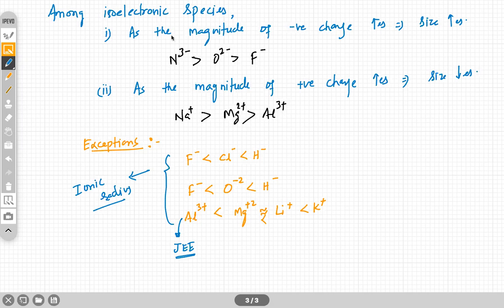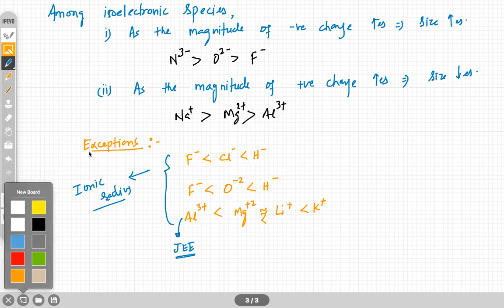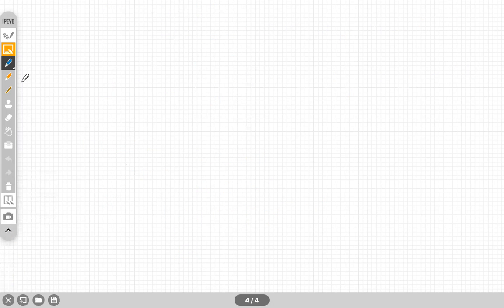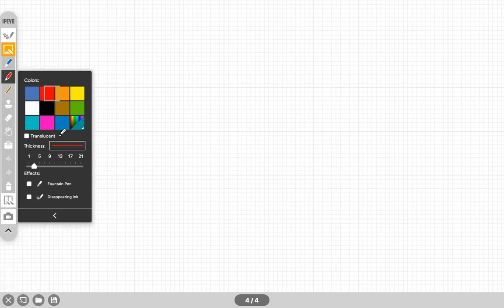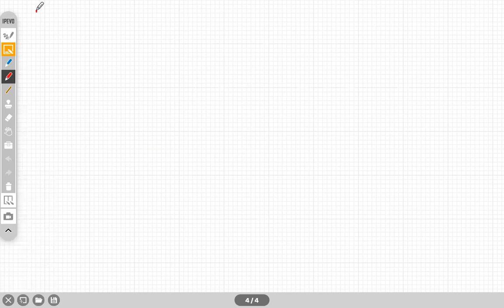Now, the next term that we are going to discuss, write down: ionization enthalpy.